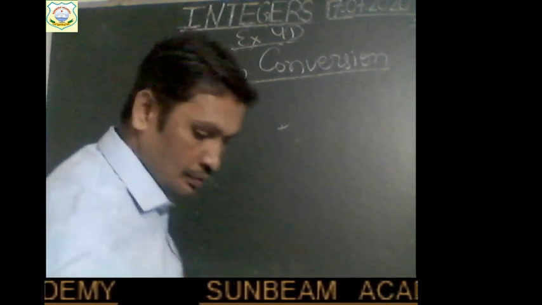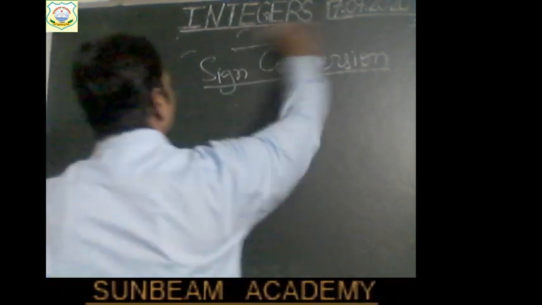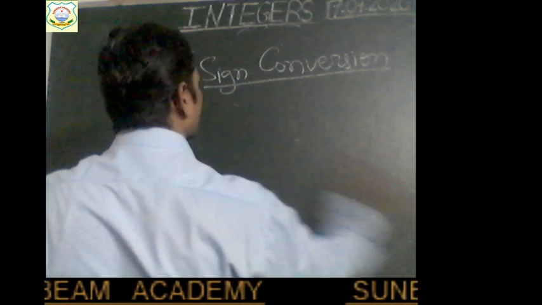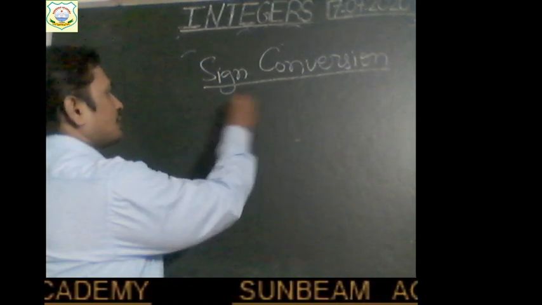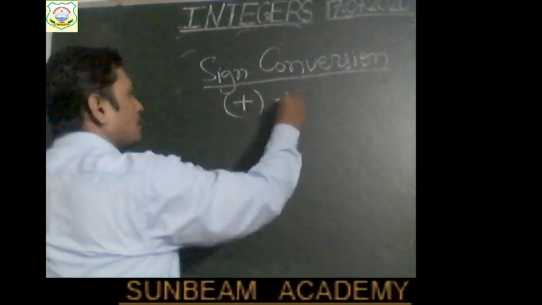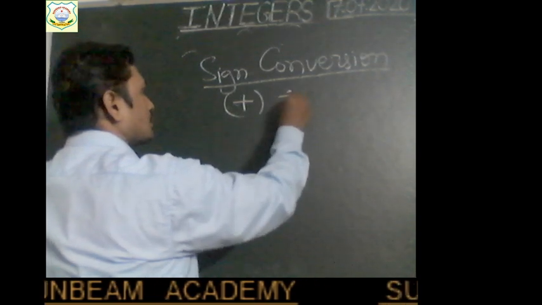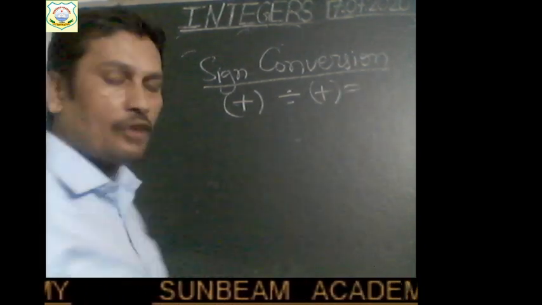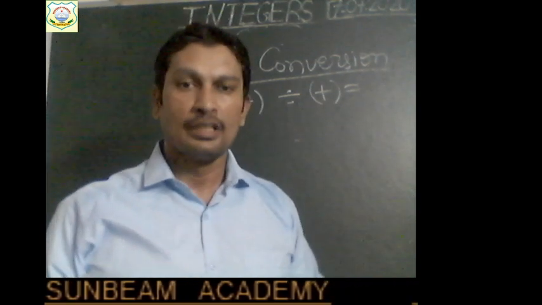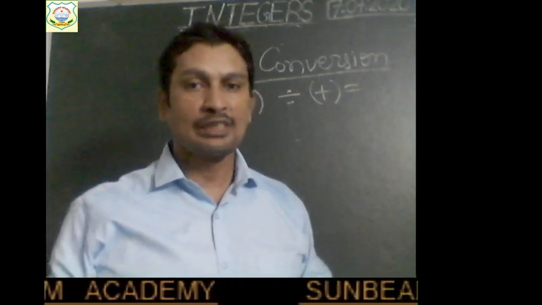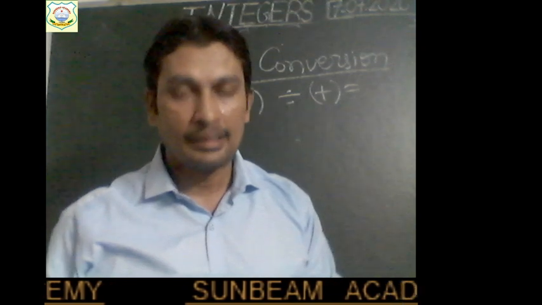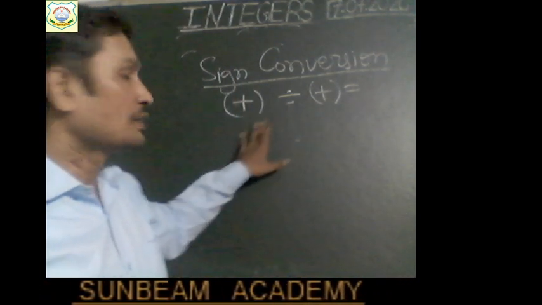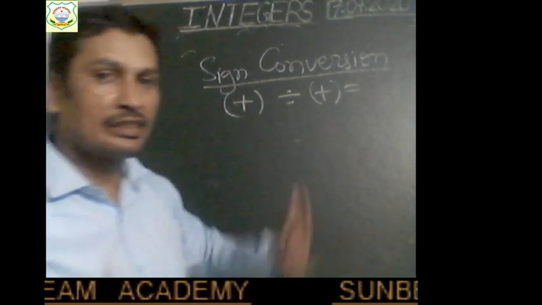Right children? So when you divide a positive integer by another positive integer, then obviously the result is positive. When we multiply positive with positive, the result is positive. In the same way, if we divide positive with positive, the result is positive.